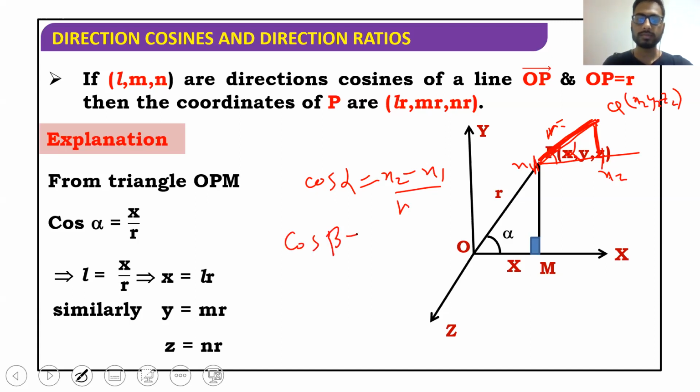Similarly, cos of beta, which is also equal to M, would be equal to y2 minus y1 upon r. Similarly, you can get your z coordinate easily.